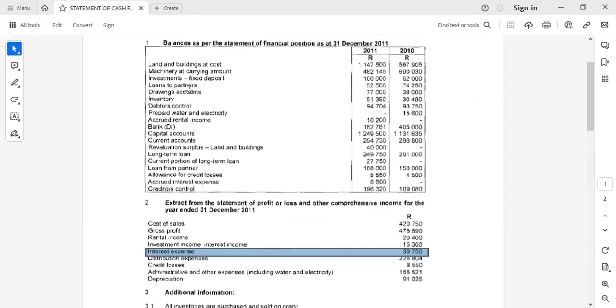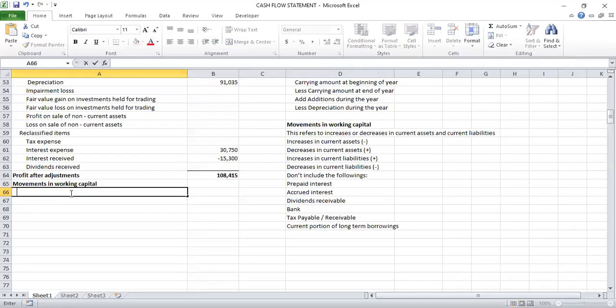Our current assets and current liabilities. We have inventory. It moved from 34,800 to 51,390. So there was an increase in inventory. That's 51,390 minus 34,800.